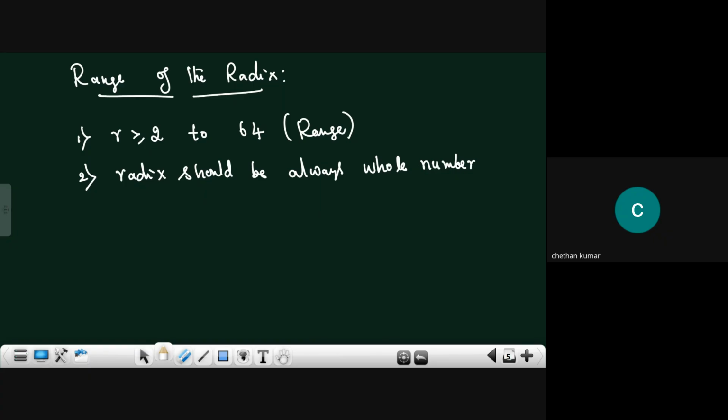Do you agree? Do you see any number system with a base of -1? It is not even an integer. Radix is not an integer; it is a whole number. Radix is a whole number.